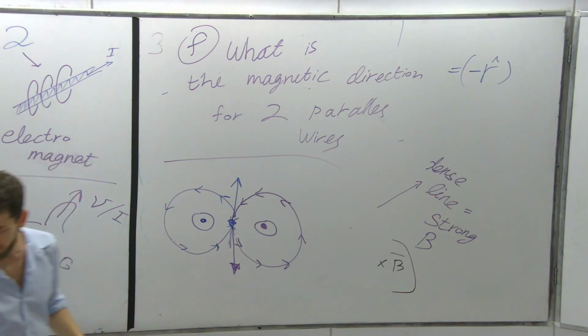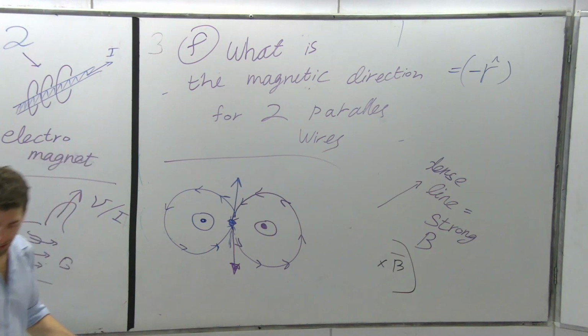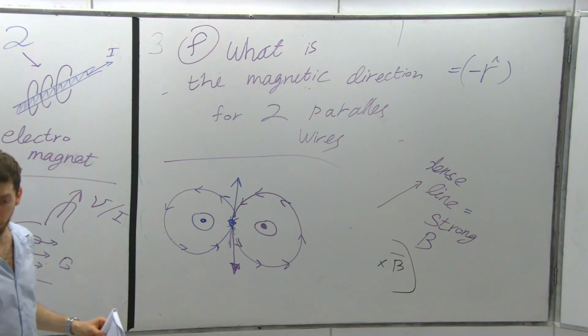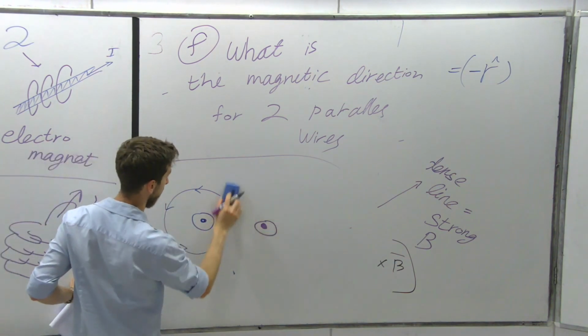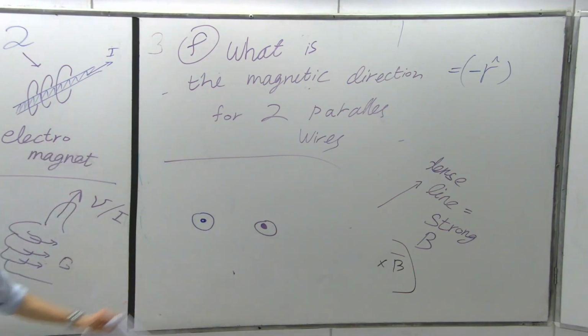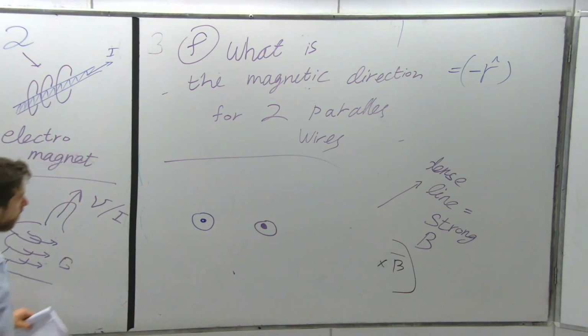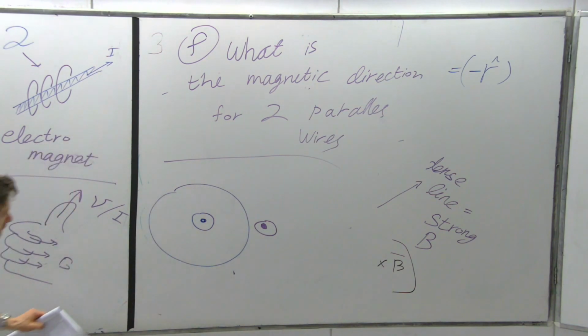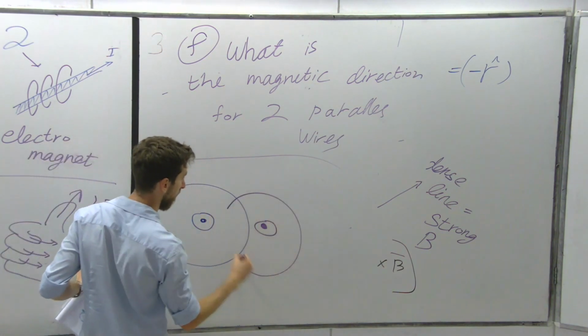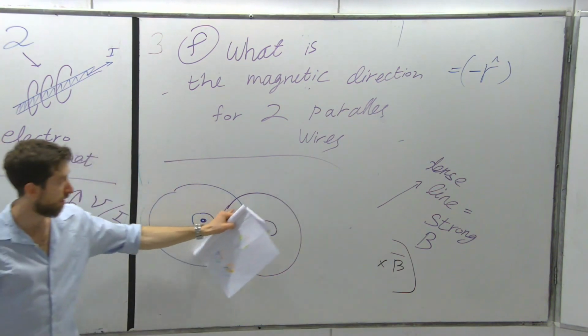Got it? Perfect. So let's draw another line with a different radius, a bigger radius. A new drawing, same two wires, and now we draw a bigger circle. Let's see what's going on at that point.